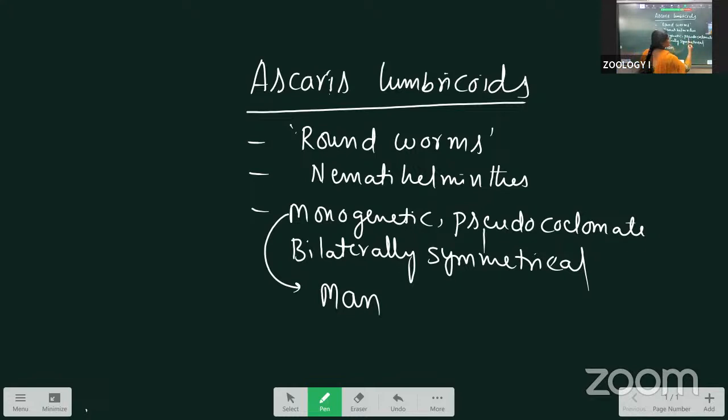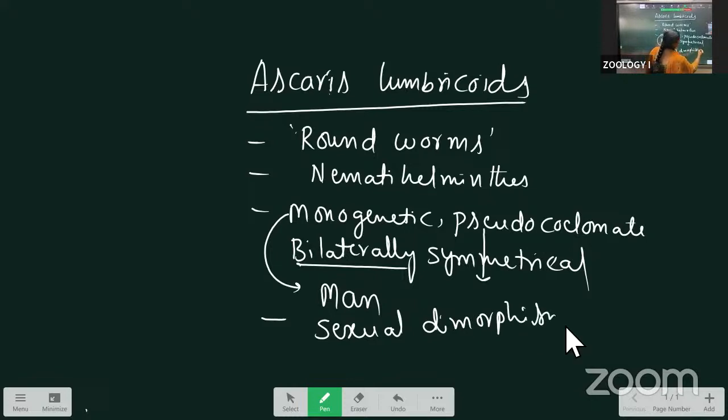Pseudocoelomate means a false coelom is present inside. Bilateral symmetry means we can cut along the mid sagittal axis and get 2 equal halves, 2 laterals only. Ascaris also shows sexual dimorphism. Before this phylum, in protozoa and other phyla, sexes are not different.